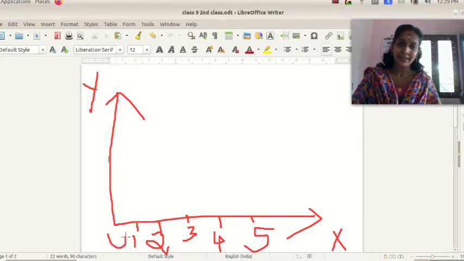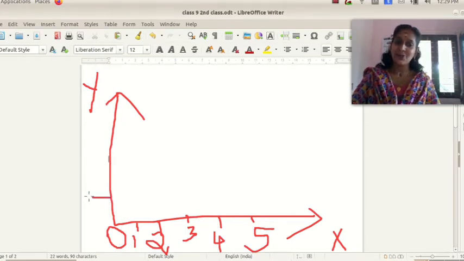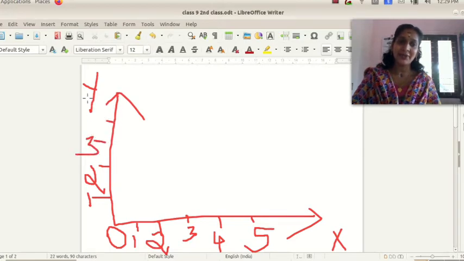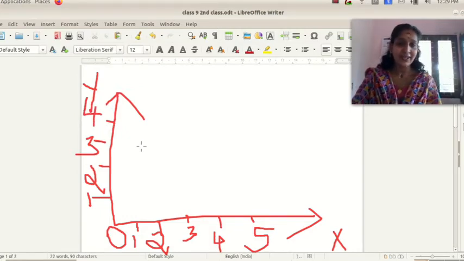Here 0. And here we can mark again. Here also 1. Isn't it? And here 2. And here 3, isn't it? And here 4. Now we are going to draw the graph, mark the values.